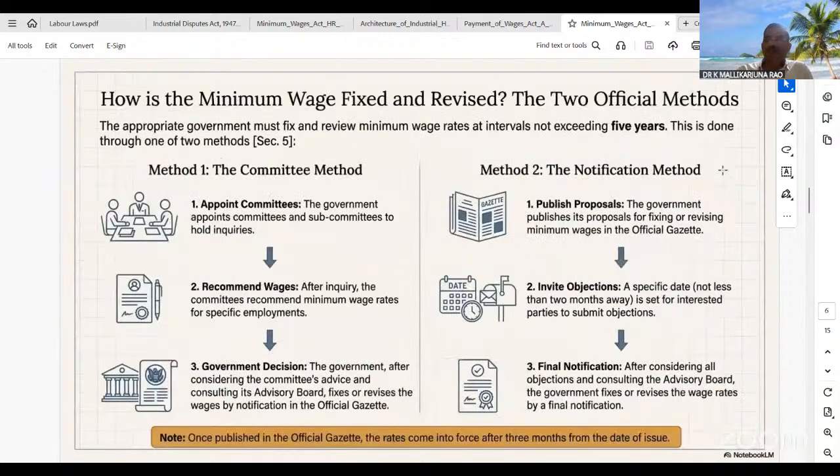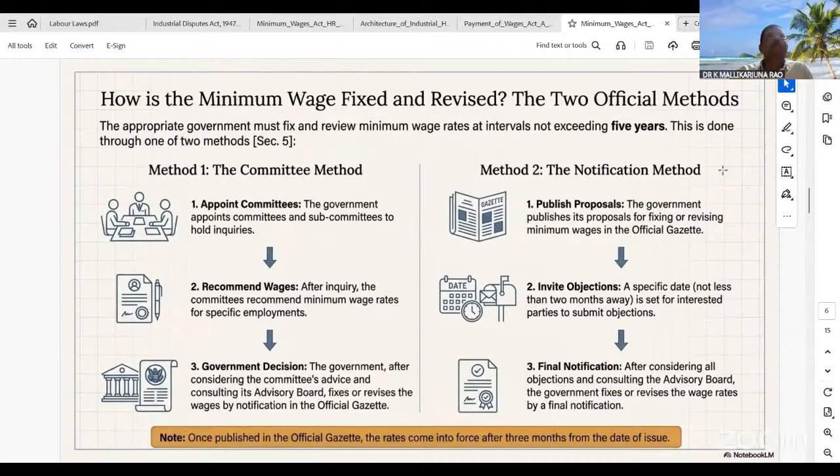How is the minimum wage fixed and revised? Two official methods are there. Every 5 years the appropriate government must fix and revise minimum wage rates, and it will not exceed 5 years. This is done through one of two methods. First, the government appoints a committee and subcommittees to hold these enquiries. The committee will sit together, and time will be given.